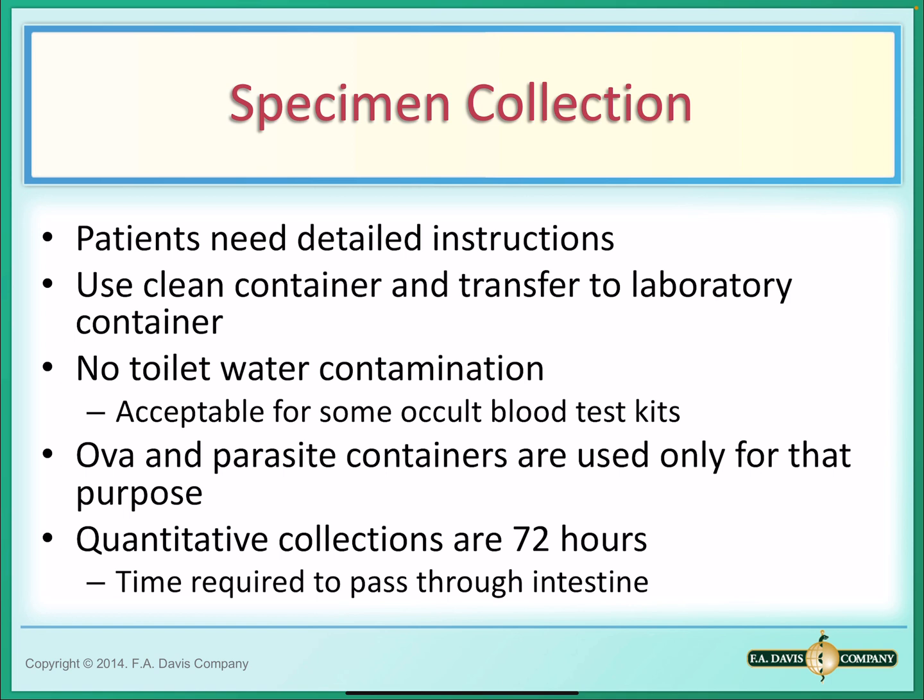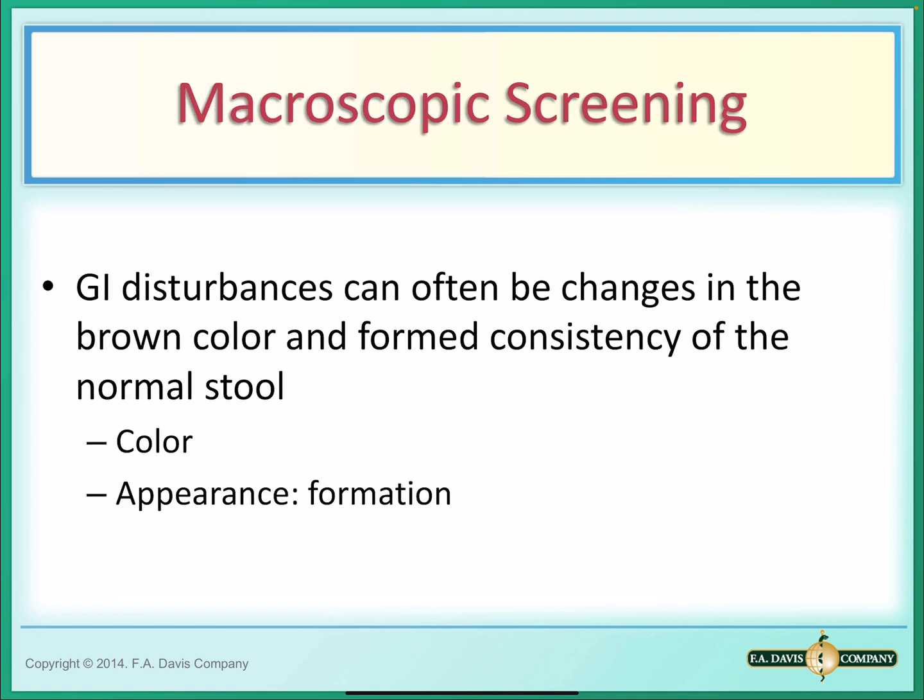So, collecting a sample for feces analysis is a process, and it is very important that the patients know and are instructed on how to do it. It is also very important that the medical lab scientist knows how to process the specimen when they are ready to process it for whatever test that may be.